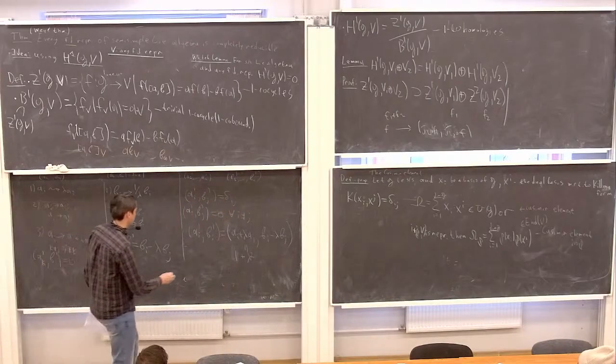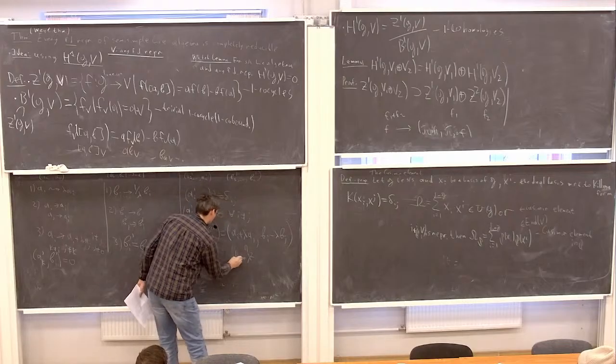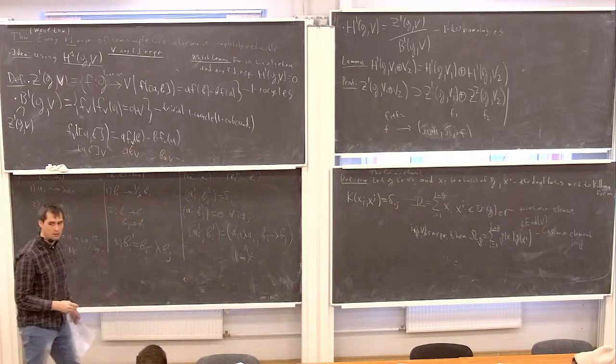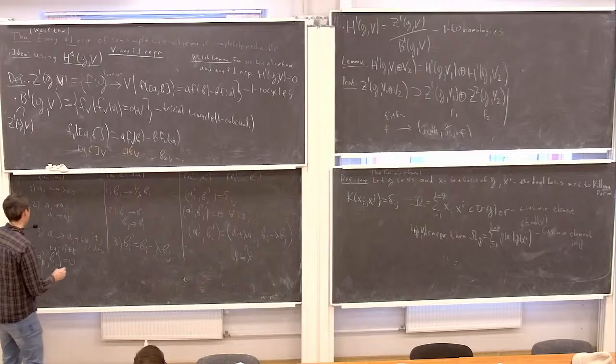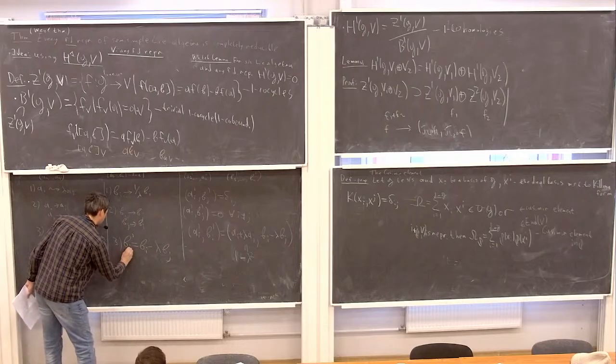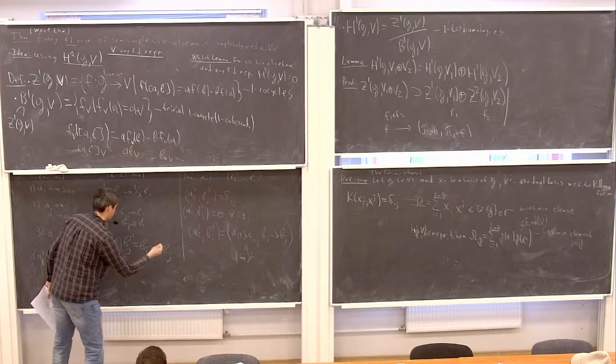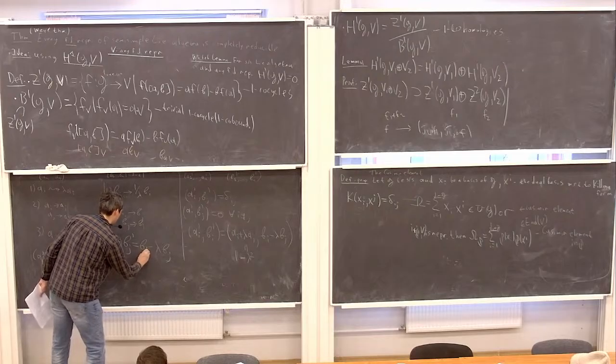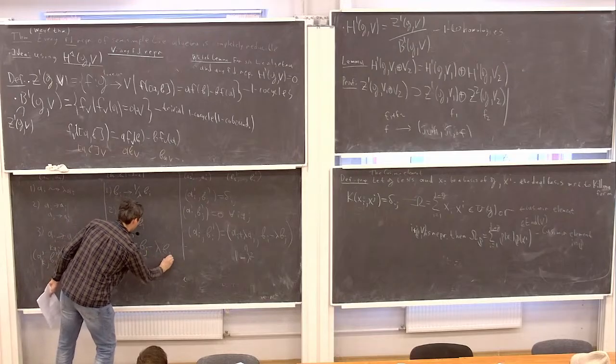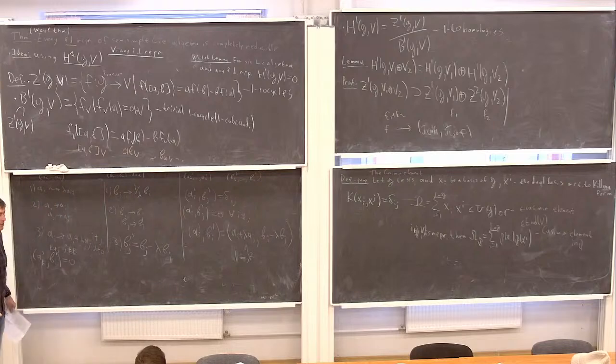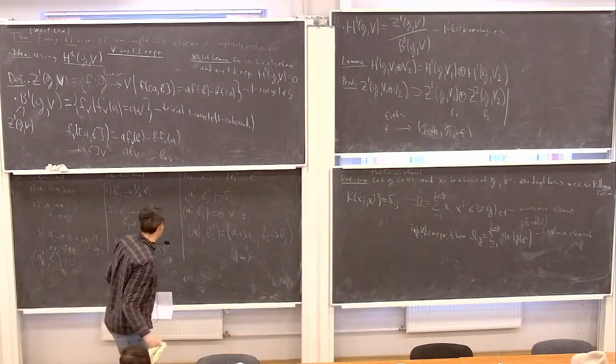Minus lambda squared, okay? Yeah, I should change i and j, right? Okay. So b_j prime is, because we transpose, yeah. Yeah. Okay.